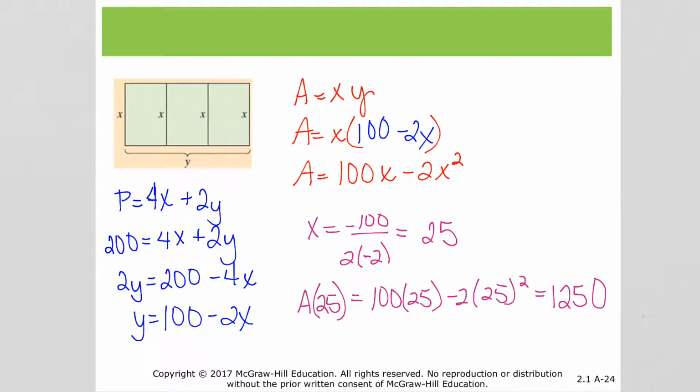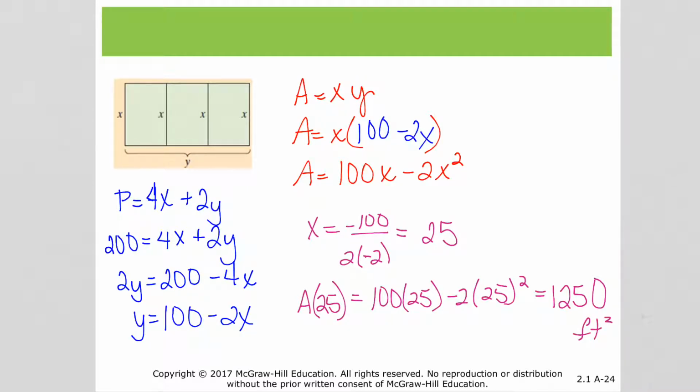It says, determine the dimensions that should be used to maximize the area. So the maximum area is going to be 1,250. All of this in here is 1,250 square feet. Okay?